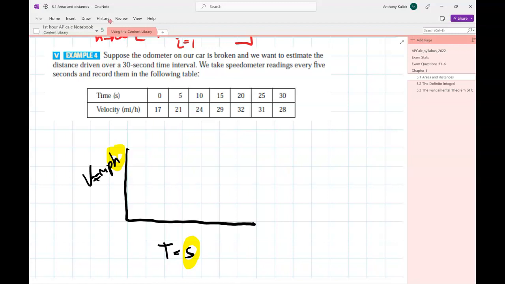So to convert these into per hours, what do I have to do? I know 1 hour is 3,600 seconds, right? Well, that's still going to be kind of stinky, right? Those are still going to be pretty stinky looking decimals.